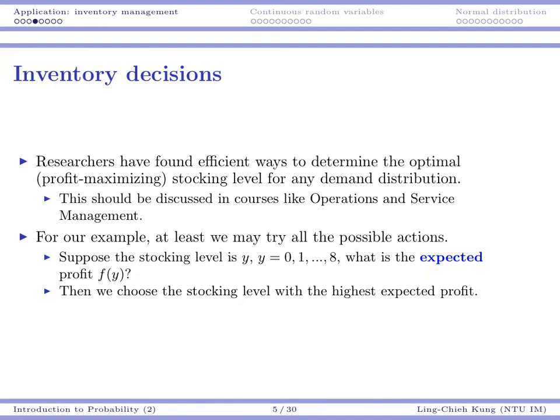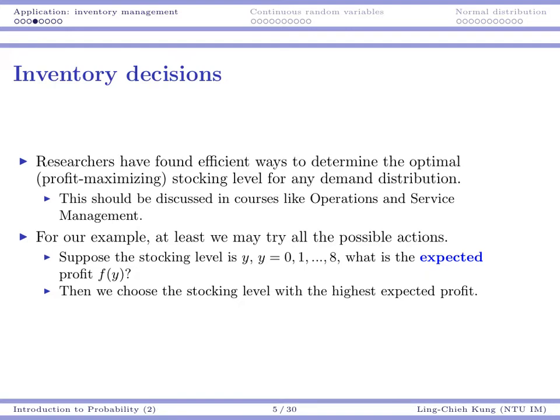If you take this course, operations and service management, then Professor Guo is going to tell you how to make the optimal inventory decision. What are the rules for selecting the optimal inventory level?